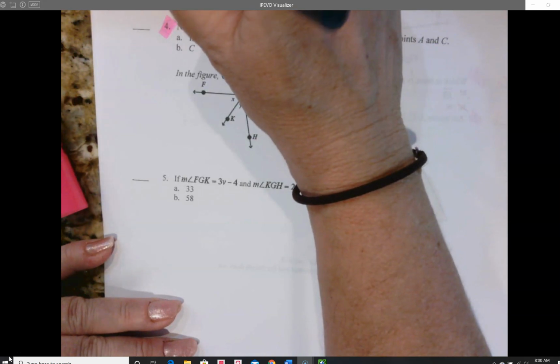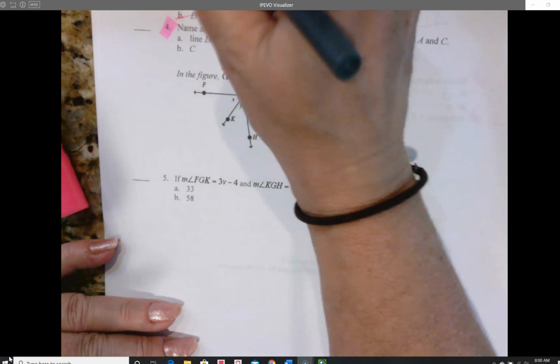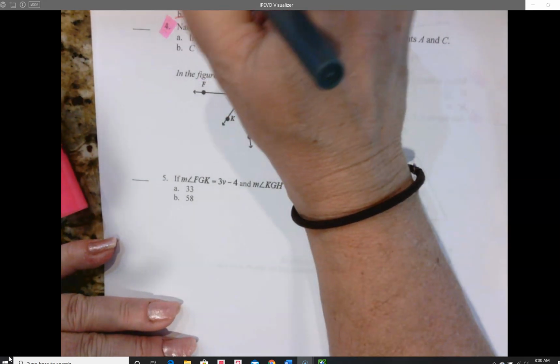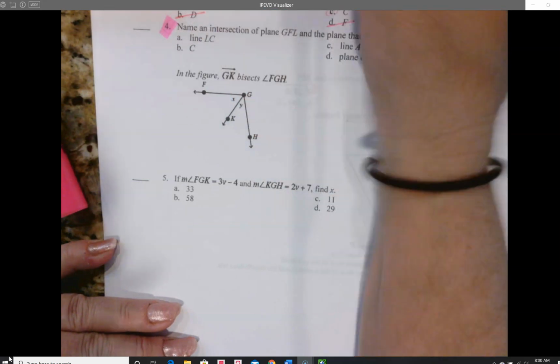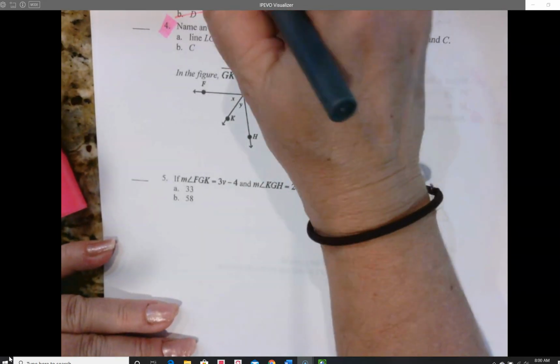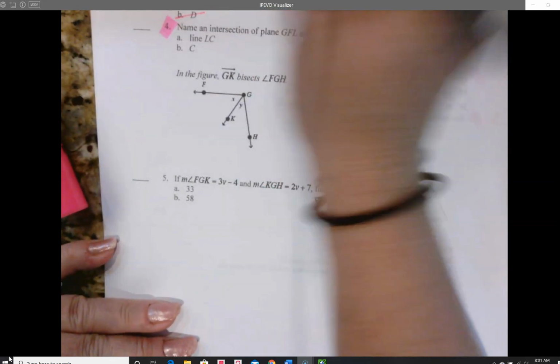So here's A and C. Now there's 2 planes that contain A and C. I can look at A and C and I have this rectangular plane in the back. And so the back rectangle and the bottom, those 2 intersect at line CL.